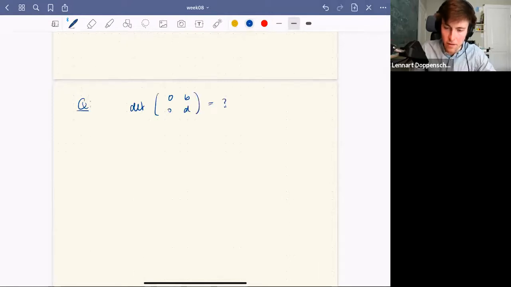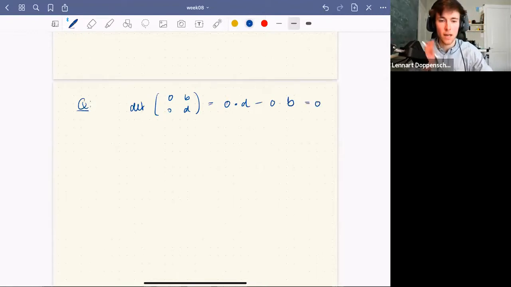So this means if one of the vectors is actually 0, the first column vector, then we can just compute that this is 0 times D minus 0 times B, and this is just 0. So as long as any of the columns, I'm already thinking about the n by n case, but if either of these two columns is 0, then the whole determinant is 0.